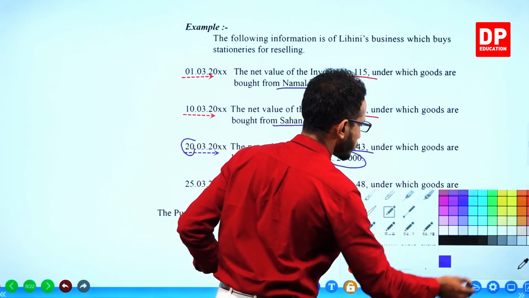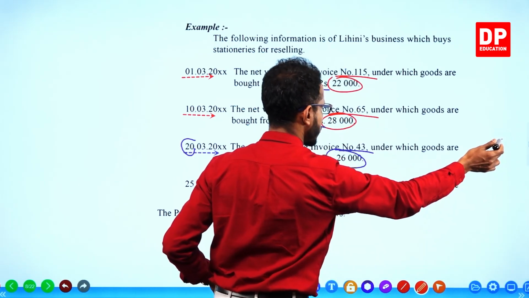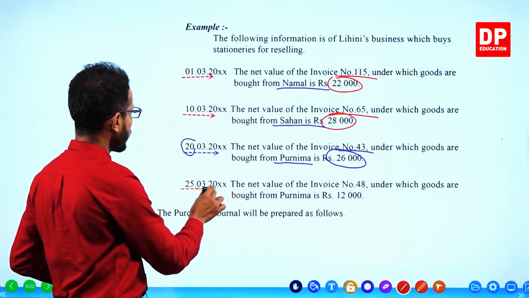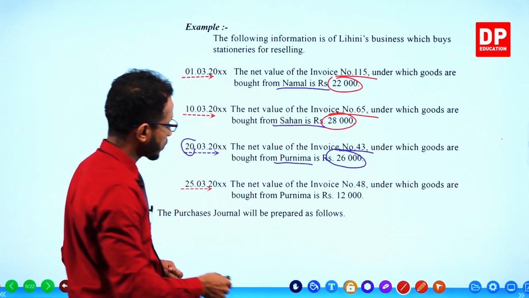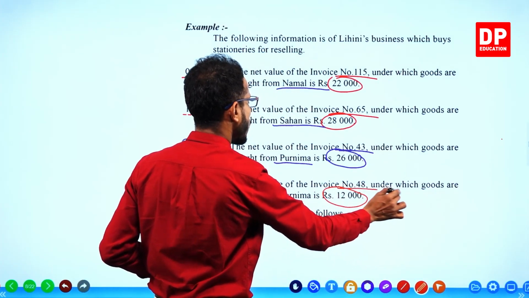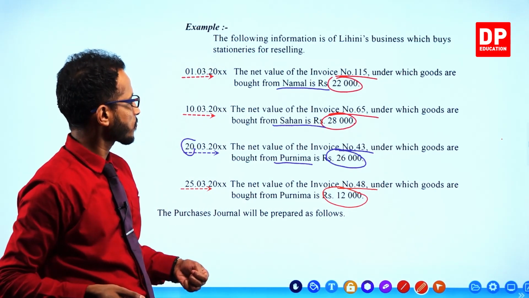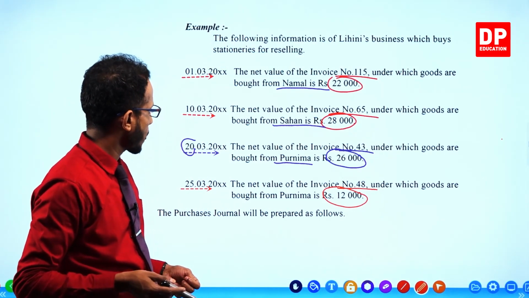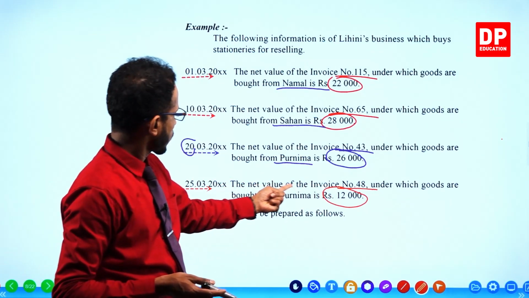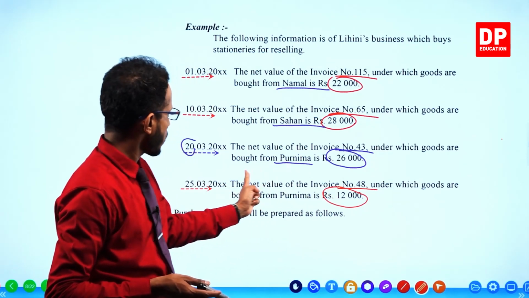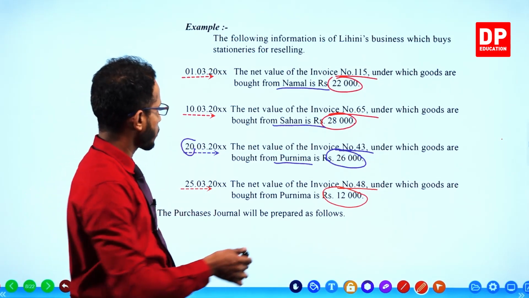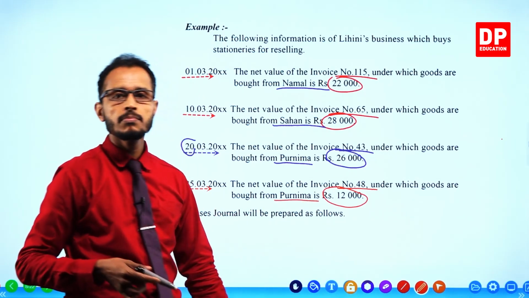All right, finally, children, let's take a different color so that it's clear to you. Net value on 25th of the month, net value of the purchase is 12,000 under the invoice number 48. Bought again from Purnima.